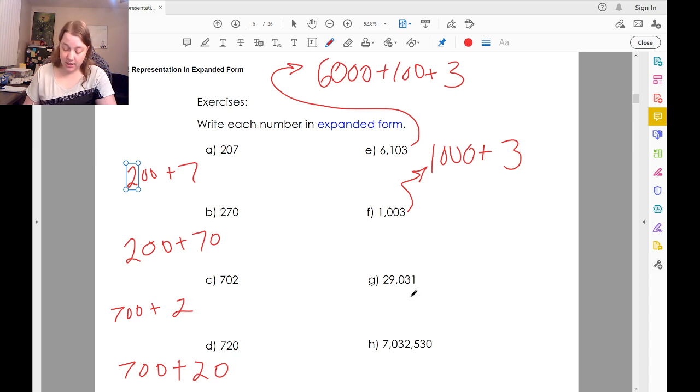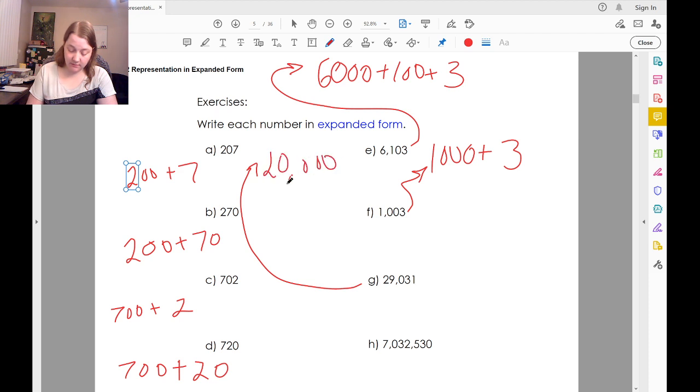For letter G, I'm going to go ahead and start letter G over here. That's going to be 20,000 plus 9,000 plus 30 plus 1.